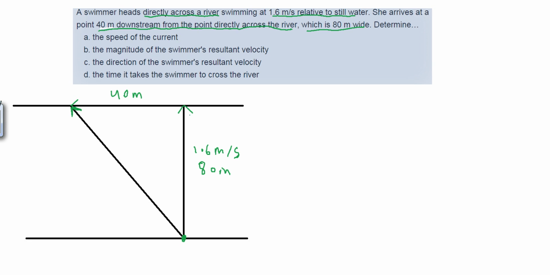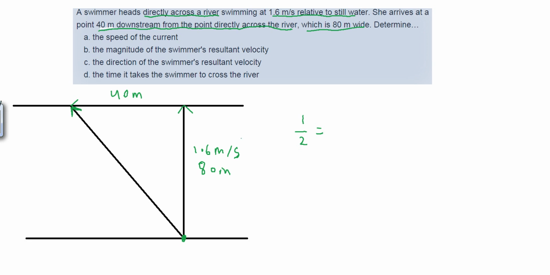Okay, so the first thing we need to figure out is the speed of the current. The speed of the current is how fast the current is traveling in this direction, the direction that's 40 meters. So for this triangle, we know the opposite side over the adjacent side is 40 over 80, which simplifies to 1 over 2.